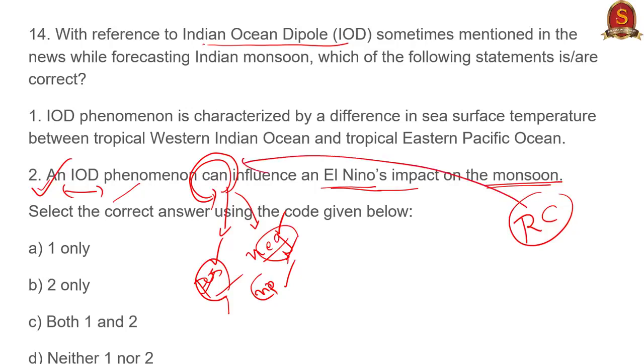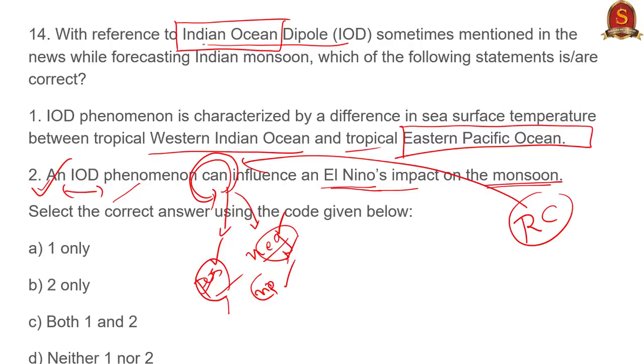You look at statement 1. The statement is Indian Ocean Dipole, IOD phenomenon is characterized by a difference in sea surface temperature of tropical Western Indian Ocean. Agreed. Eastern Pacific Ocean tropical region.